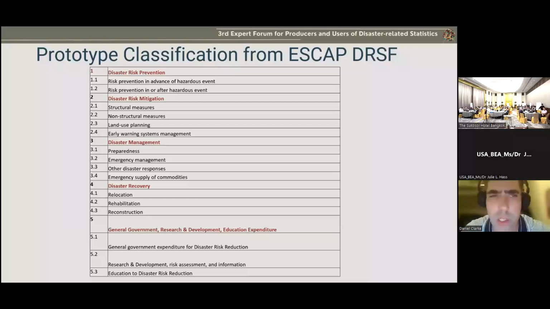So the last thing I would say, so this is the sort of prototype classification that we developed at that time as a kind of example. In practice, it will be a little bit different in each country, depending on what kind of data they have, and depending on the way that, for example, government budgeting is doing. And that's really the way that classifications are developed. They're developed through practice.